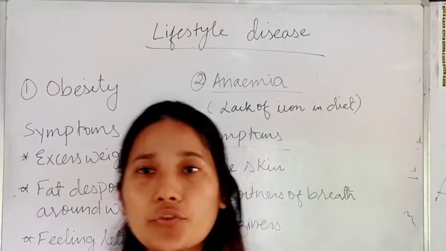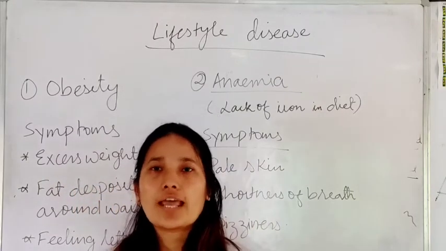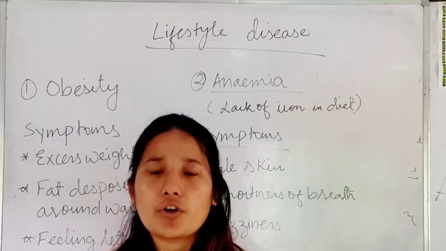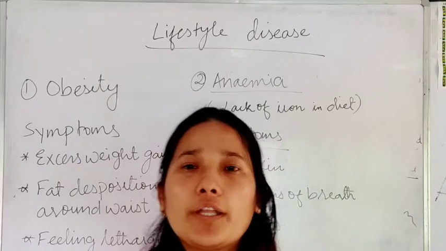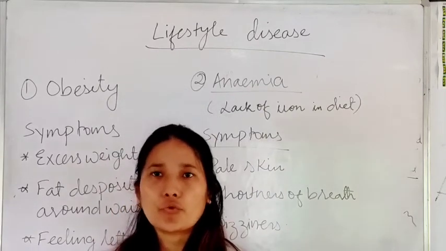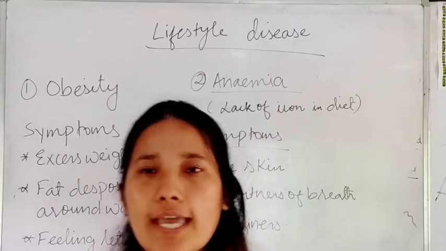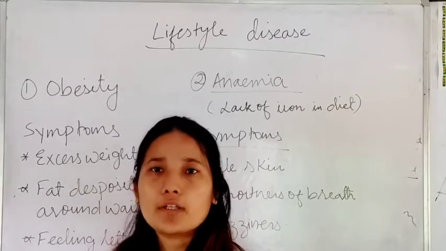That is referred to as lifestyle diseases. So lifestyle disease is caused because of unhealthy lifestyle. Under lifestyle diseases we will be considering 4 diseases: obesity, anemia, diabetes and high blood pressure.